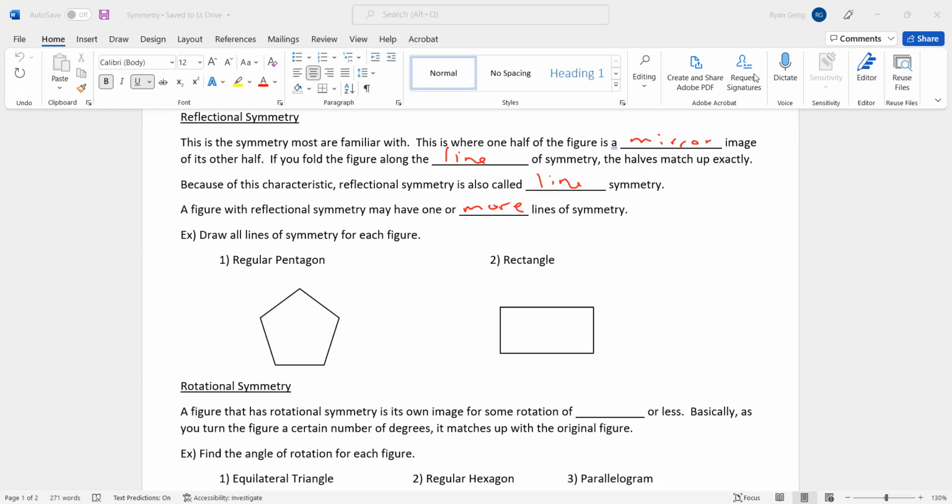All right, we're going to draw all the lines of symmetry for each figure. So the regular pentagon, this one should be pretty easy to see, that first one there. We change colors and give you another one. Not the greatest straight line, but you get what I'm trying to do here. Another one.